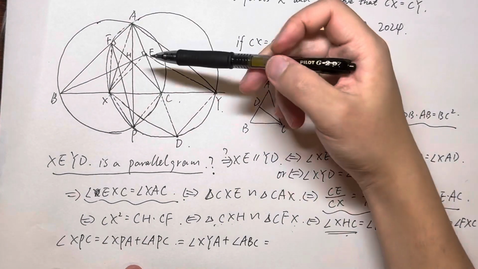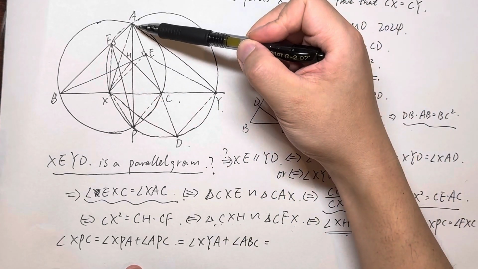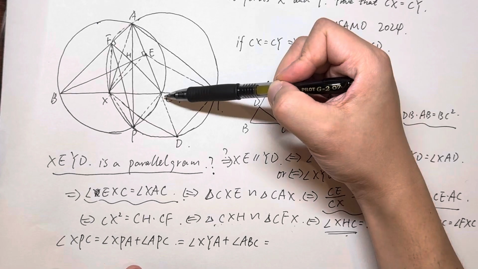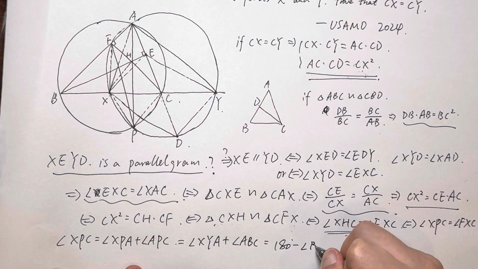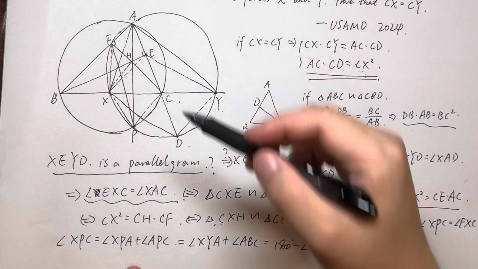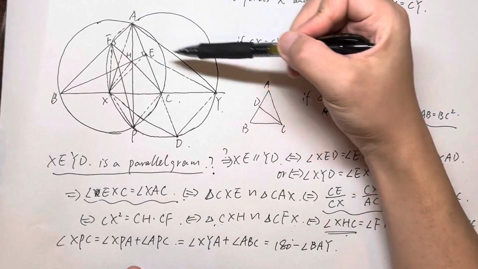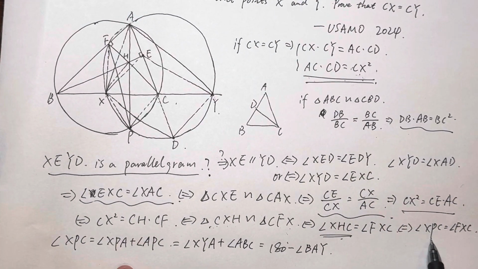Which means we're trying to add the angle XYA and angle ABC. It equals 180 degrees minus angle BAY. Right? And remember, we want to prove that angle XPC equals angle FXC.